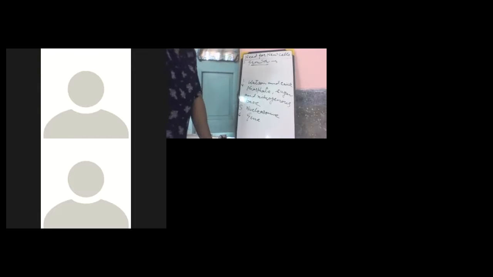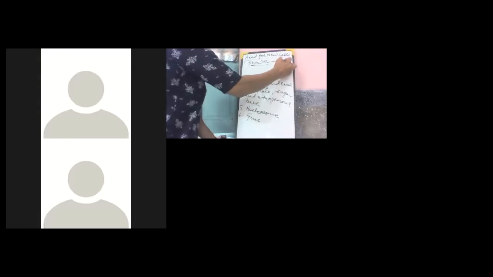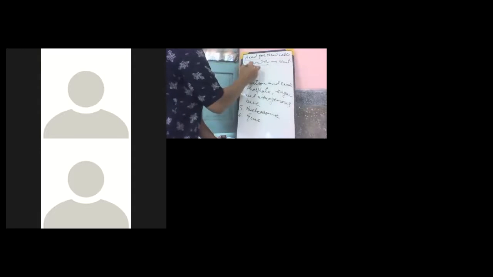Most organisms, including plants and animals, begin their life with a single cell.